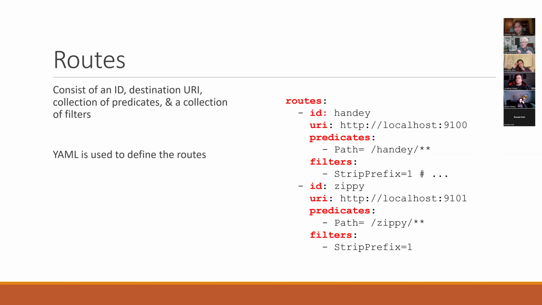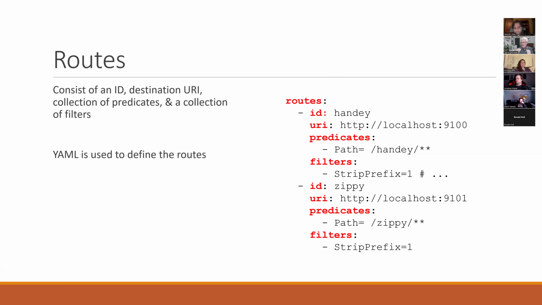Spaces mean that if I have a space on a line, it means that it is an association with the line above it that is not spaced. So for example, here, I have 2 routes. I have routes, and then I have a dash, which says this is going to be an array. And inside that array, I've got some objects in there.